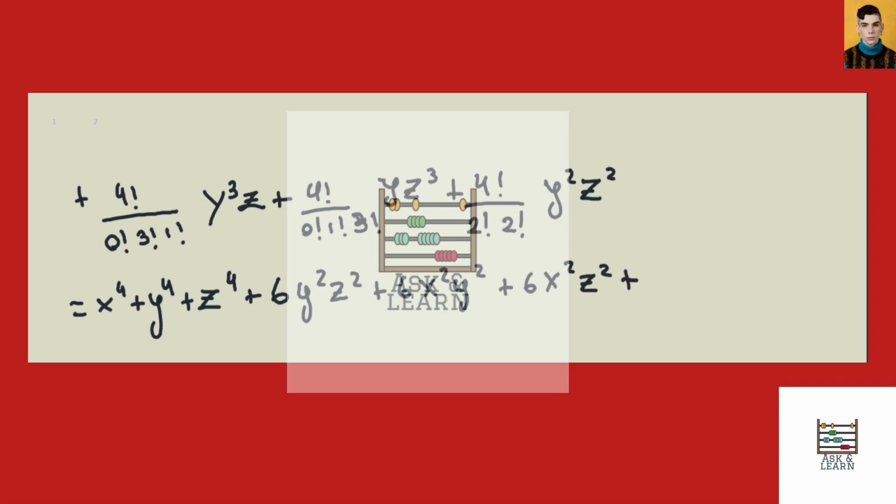Now we have the ones that have 3 and 1. And when we simplify, that gives us 4.